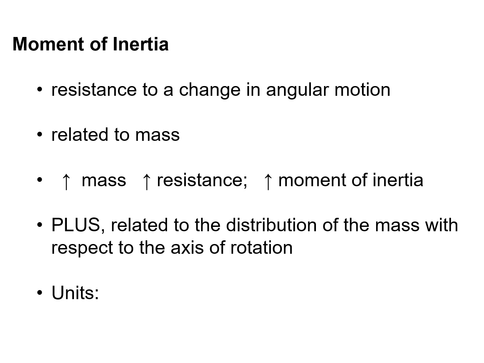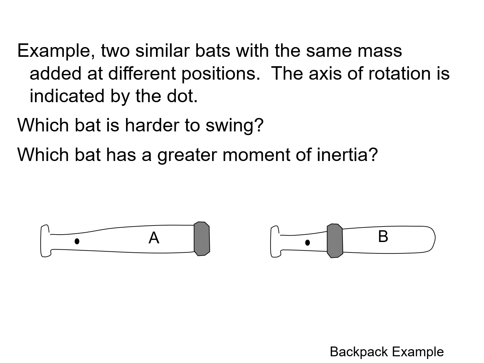If it has a longer or greater axis of rotation or radius of rotation, it's going to have a higher moment of inertia. And our units, we're using kilograms meters squared. We also use newton meters or something like that. But unless I specifically state otherwise, you're using kilograms meters squared. So an example of this: let's say we have two similar baseball bats with the same mass, but the mass is added at different positions.